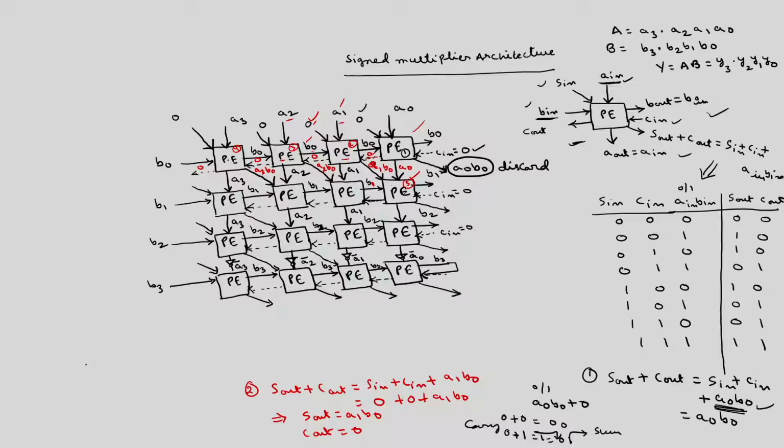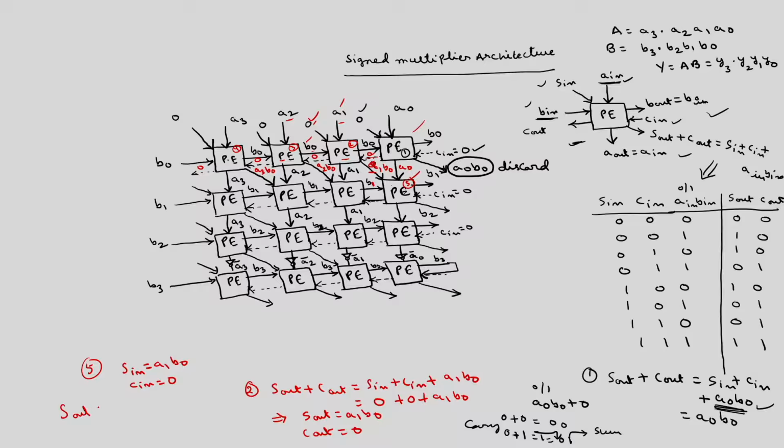For the fifth processing element, you can see S in is equal to A1, B0, and C in we have applied as 0.